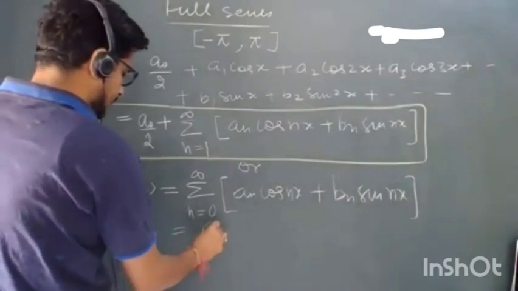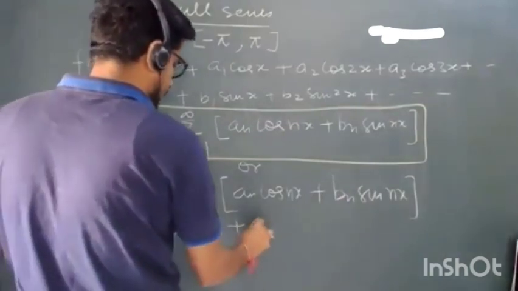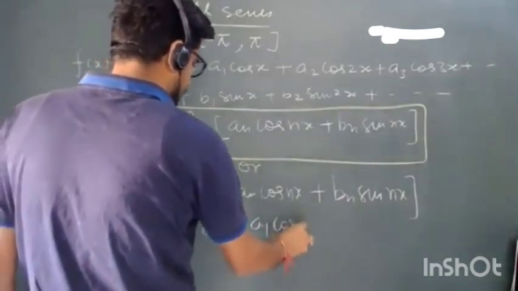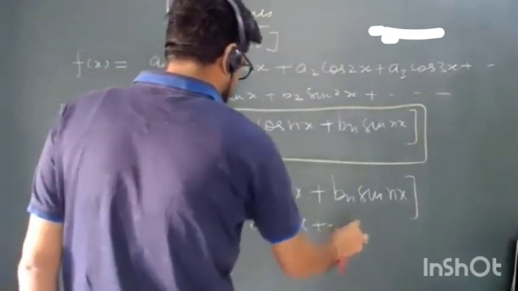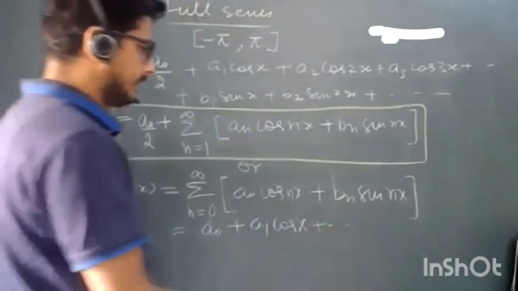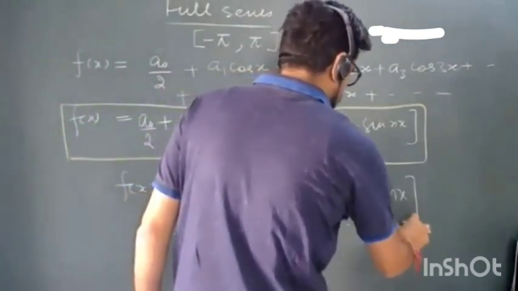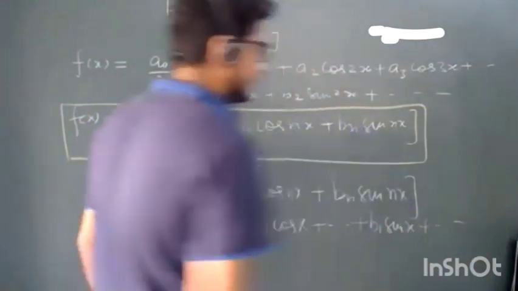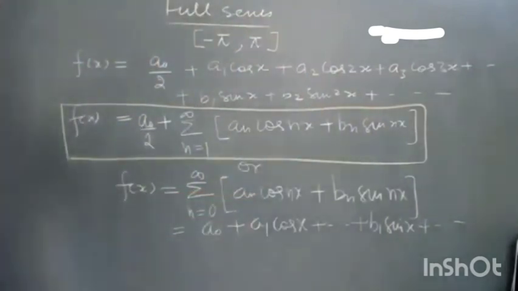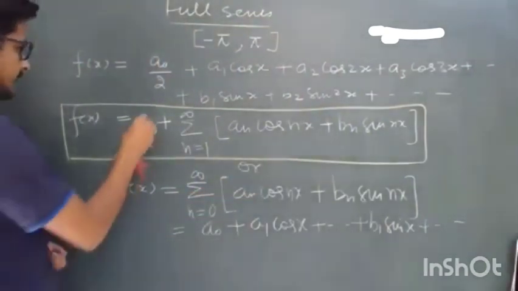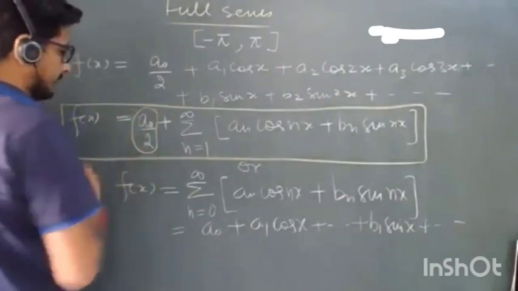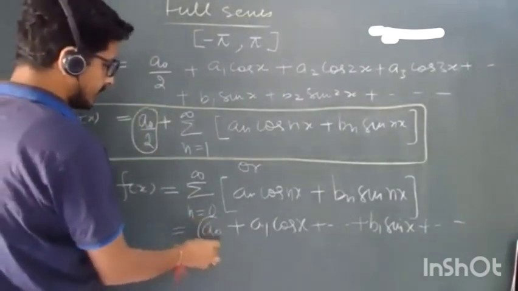So here we will get a naught plus a1 cos x plus dash dash dash plus b1 sin x plus dash dash dash. So this will also give you a Fourier series, and the first term of this will be equal to the first term of this.